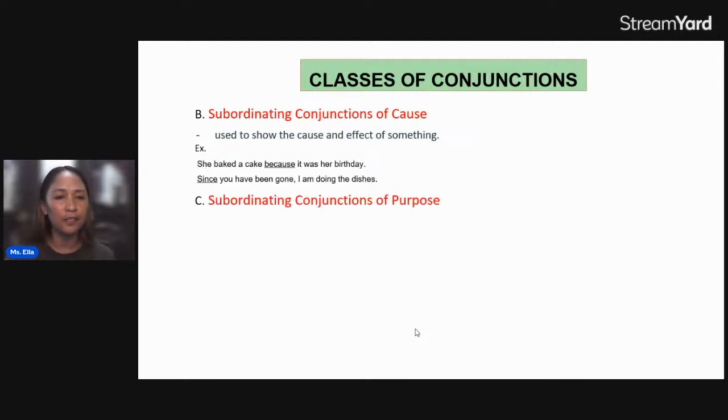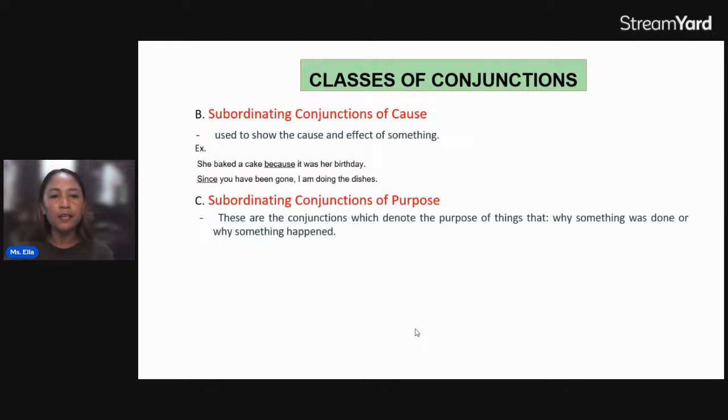Okay, now let's continue. Letter C, subordinating conjunctions of purpose. These are the conjunctions which denote the purpose of things, why something was done or why something happened. It's like cause and effect, but it shows the purpose of the action.